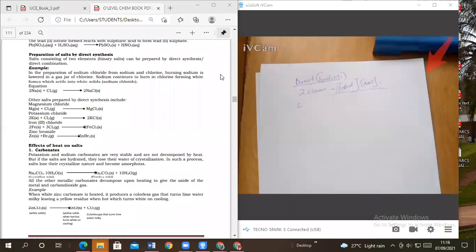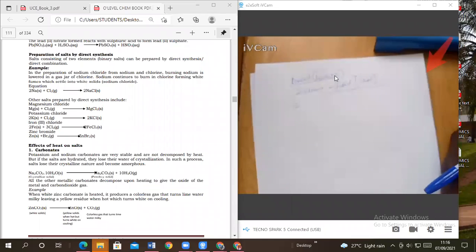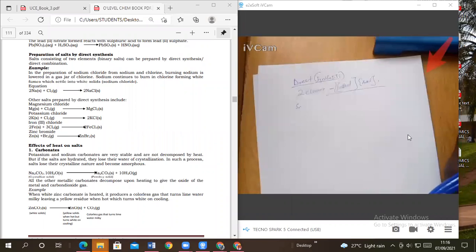Yes? Letitia? Pardon. You want the explanation of synthesis? If they say you want to synthesize something, you want to make something, but you add up very many things to make that substance.